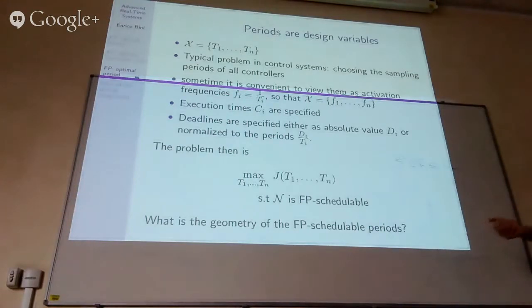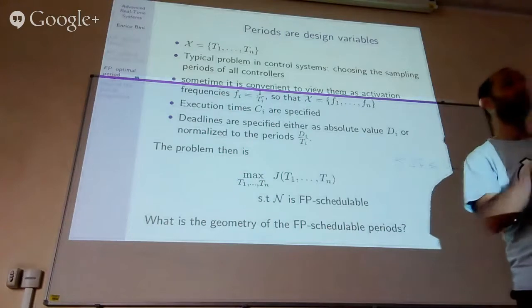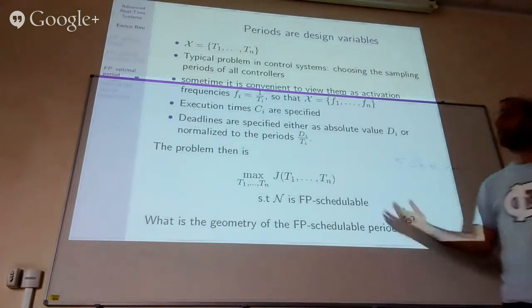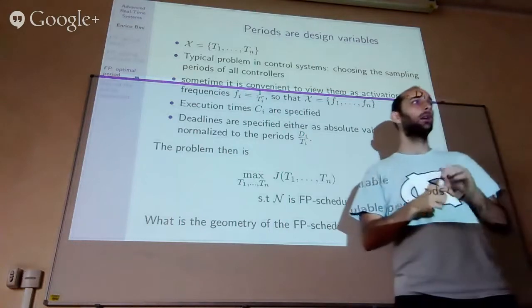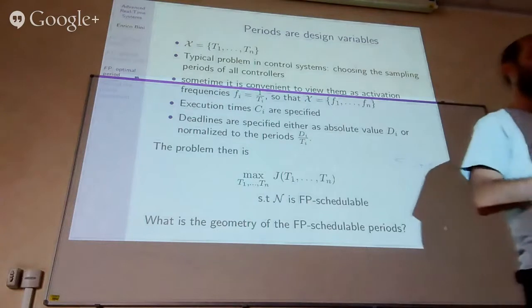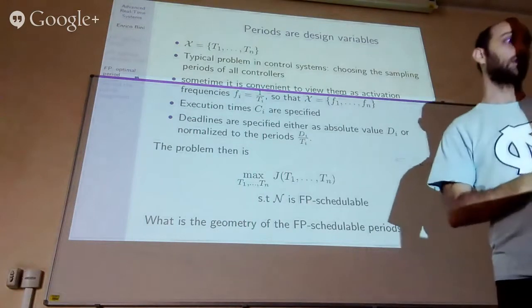With the periods, however, we just did an algorithm to compute sensitivity. We did not visualize anything. We were not able to find analytically a visualization of the space of feasible periods. So it's worth investigating.